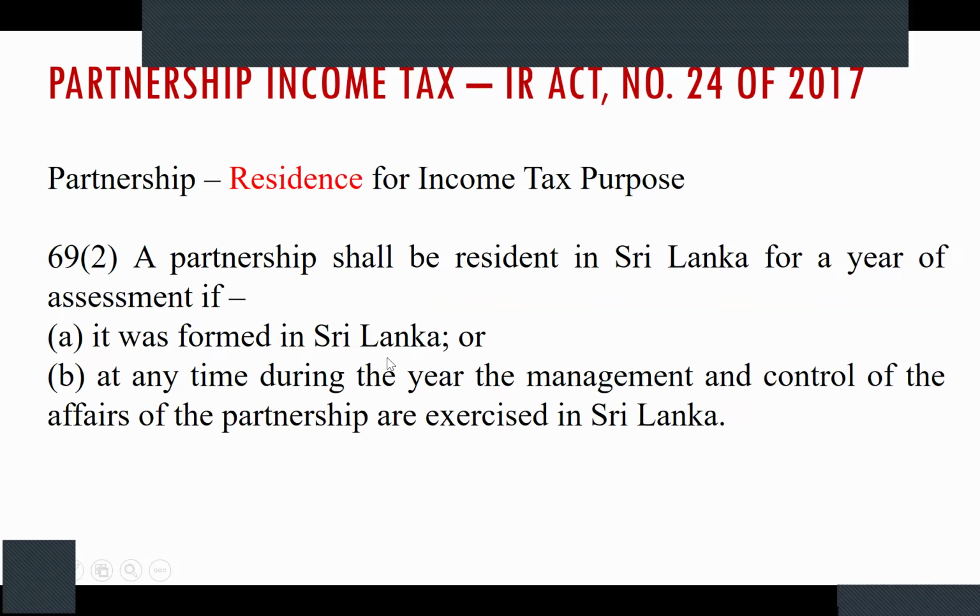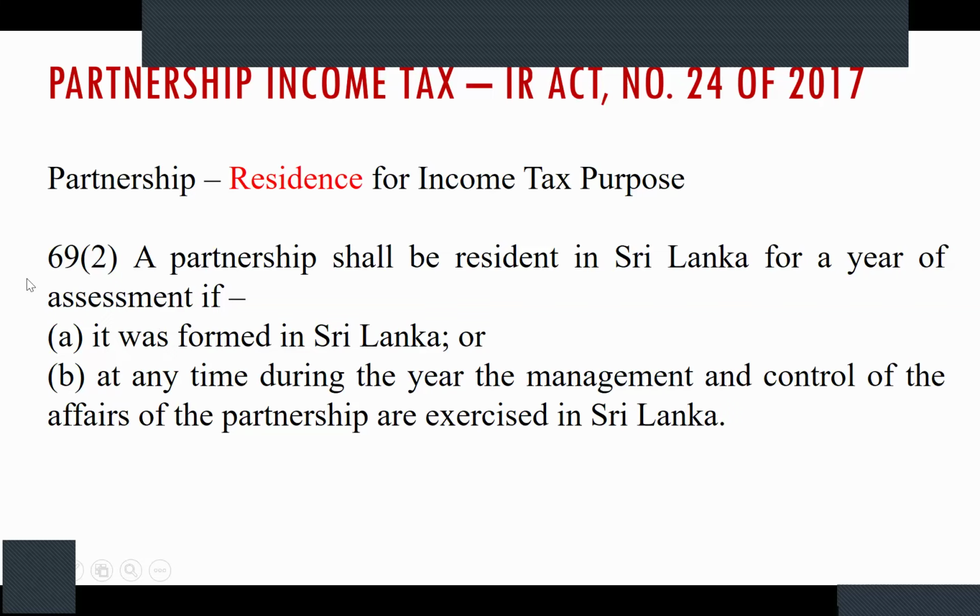it was formed in Sri Lanka. That means if that partnership is formed in Sri Lanka, it is a resident partnership. Or at any time during the year, the management and control of the affairs of the partnership are exercised in Sri Lanka. So sometimes it is not formed in Sri Lanka, but if the management and control of the partnership are exercised in Sri Lanka, then also it can be considered a resident partnership.